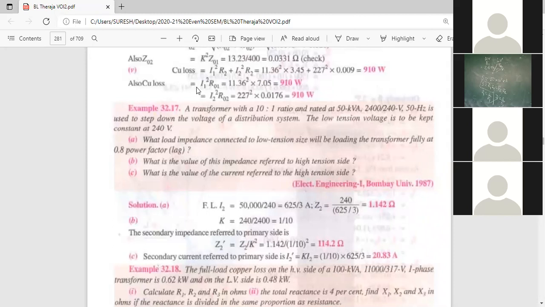Sir, for iron loss? Iron loss he is not asking in this problem. If they ask, we'll do that problem in the next class. What is the model for iron loss, how they will ask the problem in the exam, in the next class we'll see after completion of the equivalent circuit. There, I'll tell two problems on iron loss.